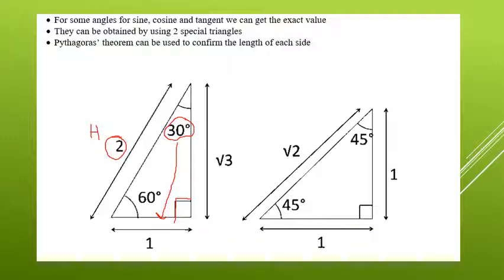The square root signs, we'll just extend those to make them look like square roots. In the 45 degree triangle, we've got the 1 and 1 being the two short sides, and the hypotenuse equalling the square root of 2. And from these we can create our table of exact values, which you'll see on the next slide.